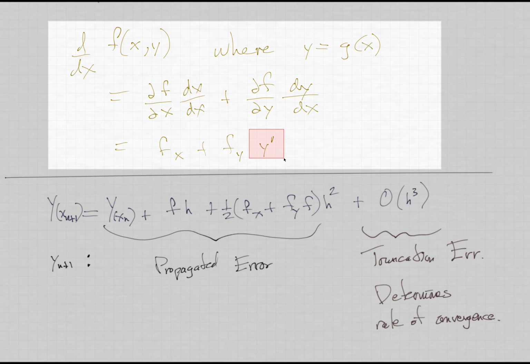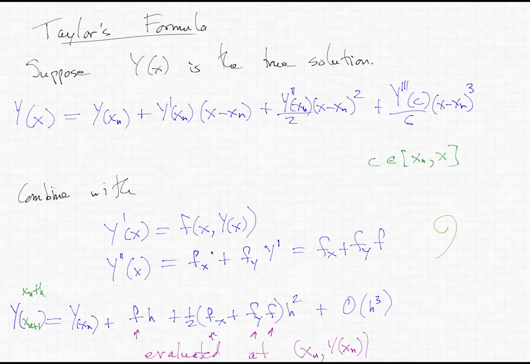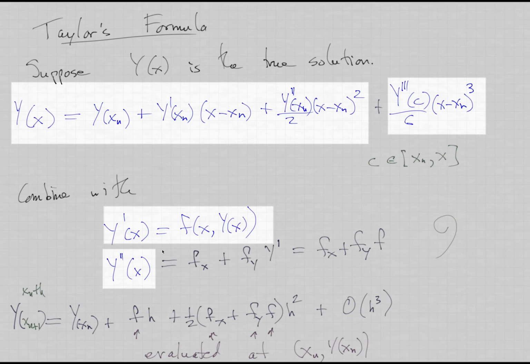That's just what y prime means. So plugging that in, we can say that y double prime is equal to f sub x plus f sub y times y prime. And by the way, since y prime is equal to f, we could even write it entirely in terms of f sub x plus f sub y times f.